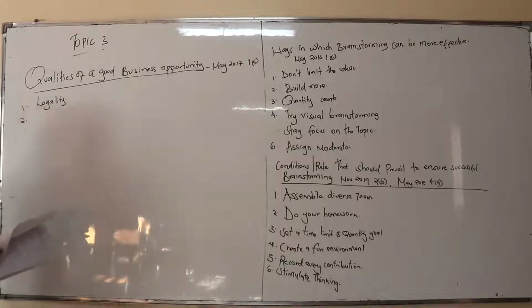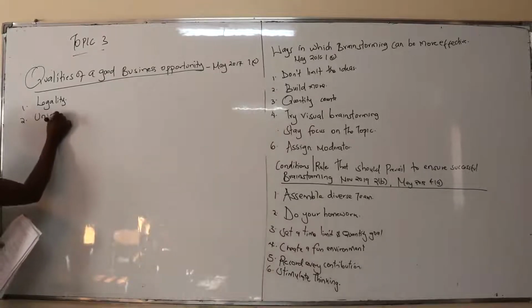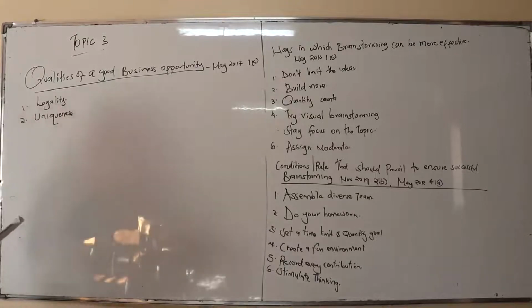The second quality of a good business idea is uniqueness. This is whereby it should stand out in the industry and market to capture the attention of all the stakeholders.